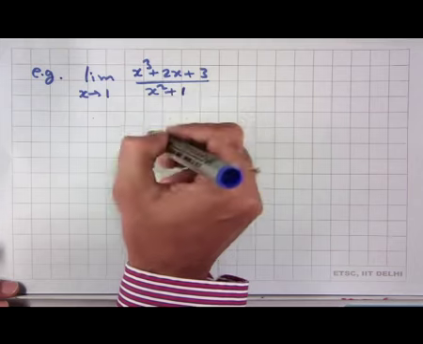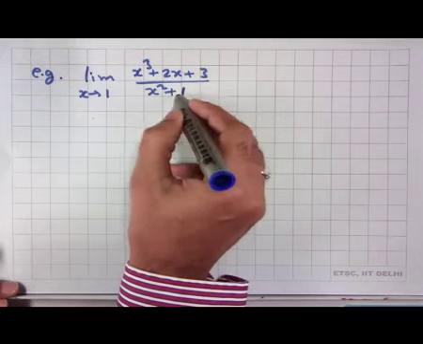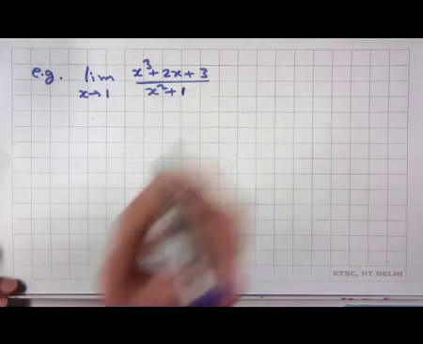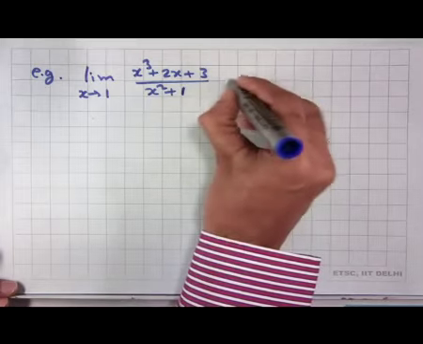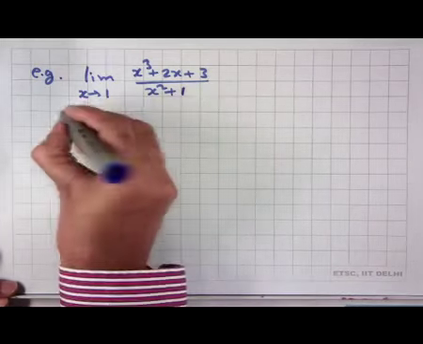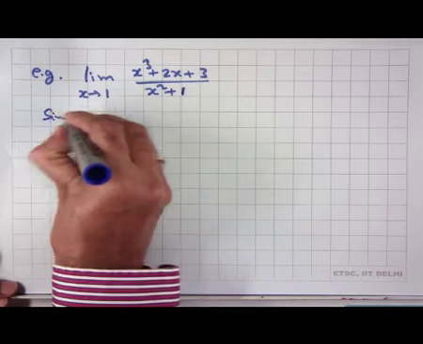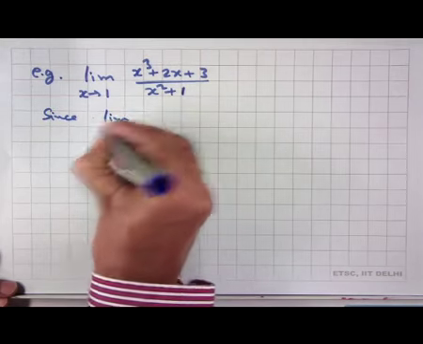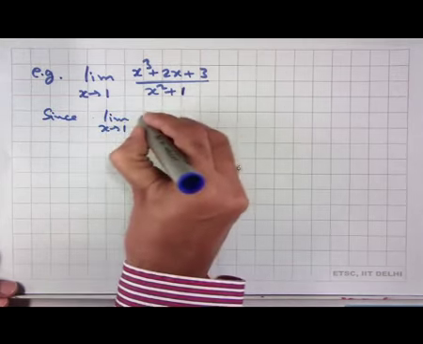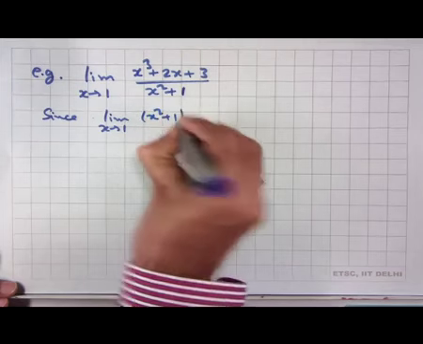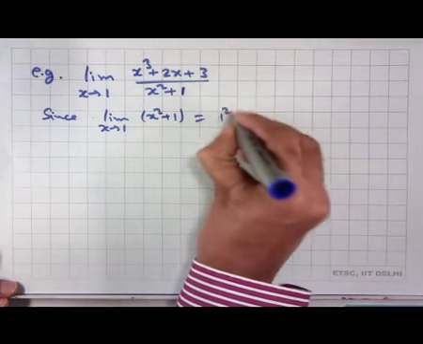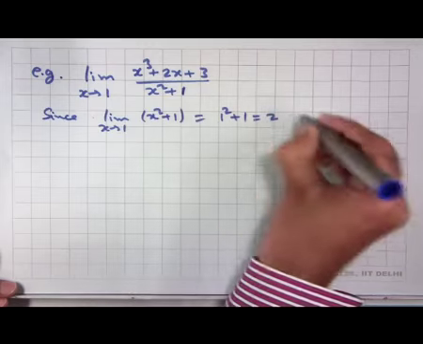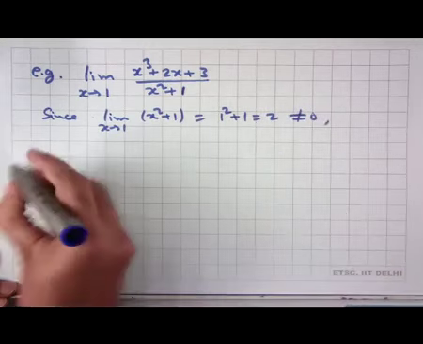So, the limit of x square plus 1 is 1 square plus 1, which is non-zero. So, I can write that since the limit of x square plus 1 as x goes to 1 is equal to 1 square plus 1, which is 2, this is non-zero.